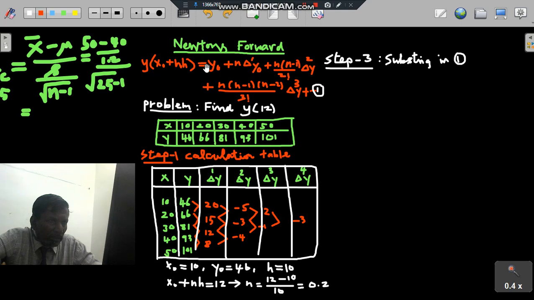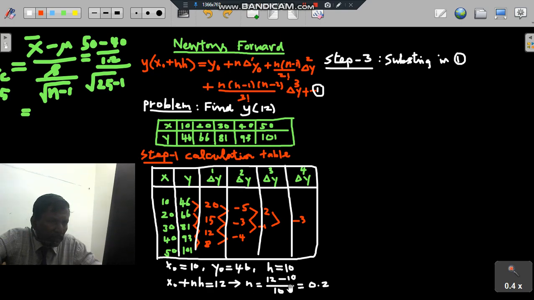You substitute x naught here and n here. n is 0.2, h is here, y naught is 46. The first difference we have found out; this is the second difference, this is the third difference, this is the final difference. That is what we have to substitute in this particular equation.